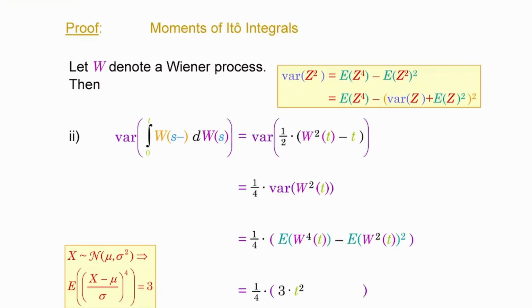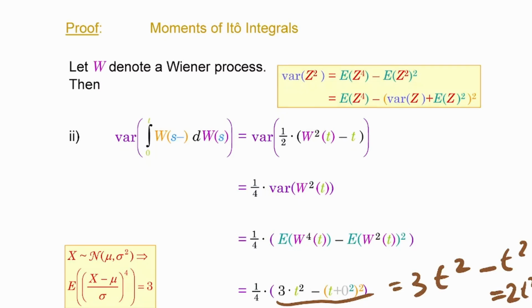Then you have the rest: minus the square of the variance of the Wiener process, which is t, plus the square of the expectation, which is 0, so it does not change much. Inside the brackets, 3 t squared minus t squared is 2 t squared, and multiplied by 1/4 that equals 1/2 of t squared.